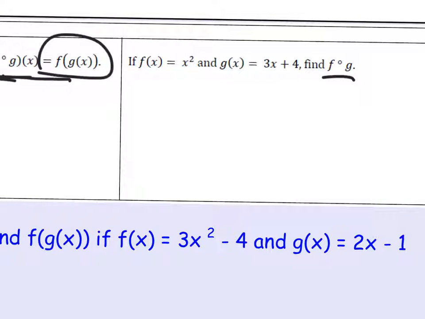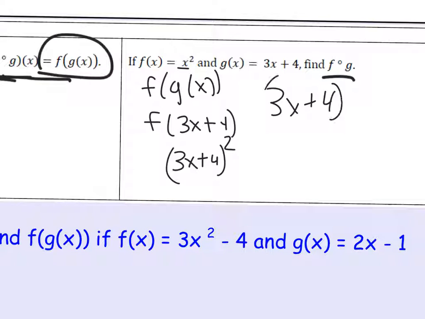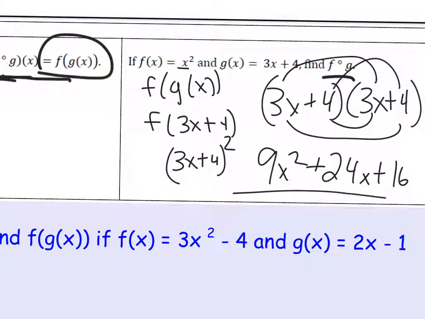If I take g of x and put that in for x, I'm going to take 3x plus 4 squared. So that's 3x plus 4 times 3x plus 4. You can FOIL, or if you do the box, do the box. So that'll be 9x squared plus 12x plus 12x is 24x plus 16. There's my composed function right there.